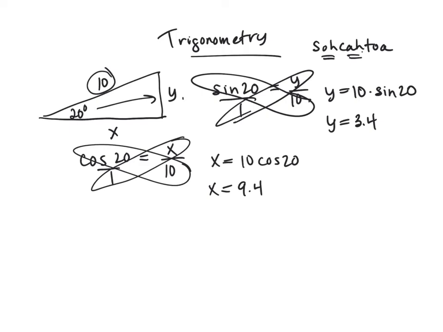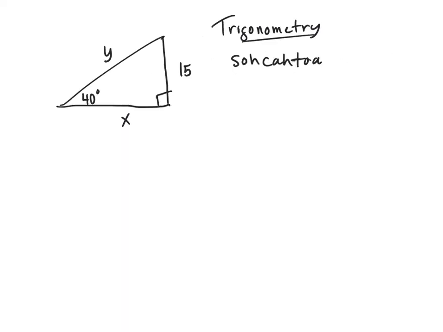In both of these examples, we ended up multiplying to find our answer, but sometimes you divide to find your answer. So here are two more examples. In this example, let's find x first. So looking at my angle, 40 degrees, x is the adjacent, and the only other side I have is the 15, and 15 is the opposite.